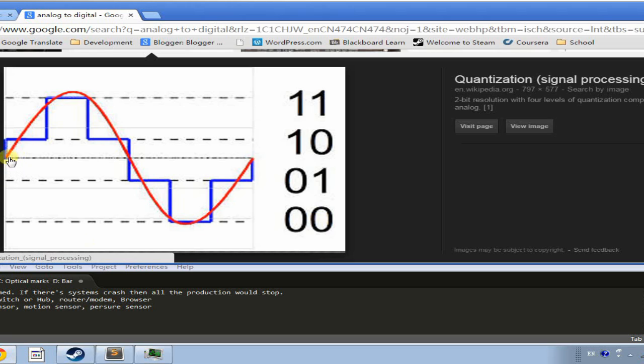So what we have to do is measure in segments and say whether something is on or off depending on its position. For example, in this very simple example, if the wave is touching this point, then it's 0, 0. If the wave is touching this point, then it's 0, 1. This point, 1, 0.